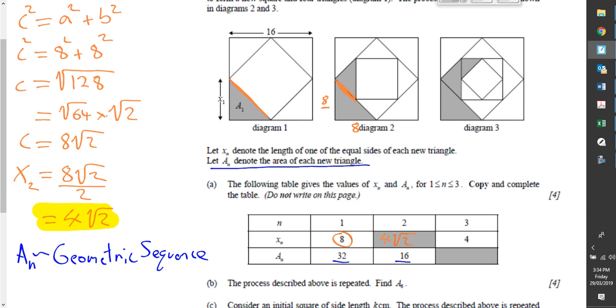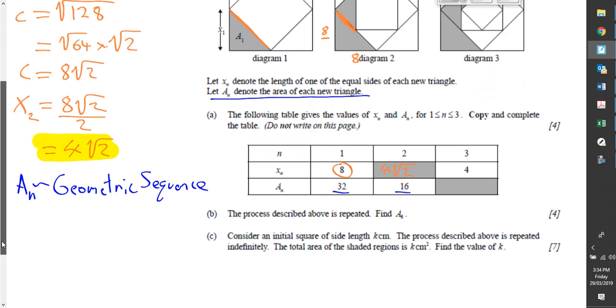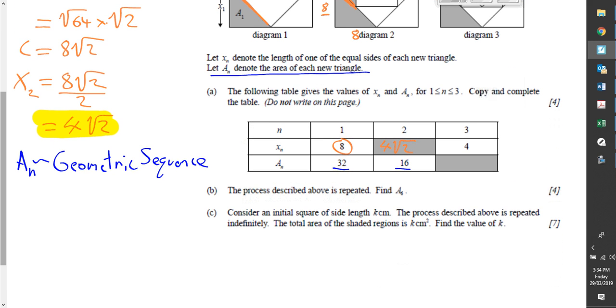All right, and if you have a look in your formula booklets, you'll see that the general rule for any geometric sequence, to find any term, is that un is equal to U1, where U1 represents the first term, multiplied by R, which is the ratio, to the power of N, which term we're talking about, minus 1.